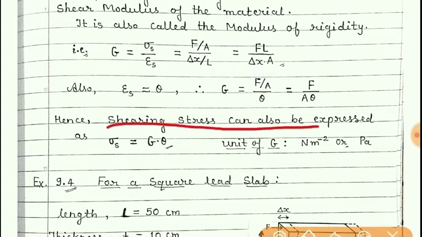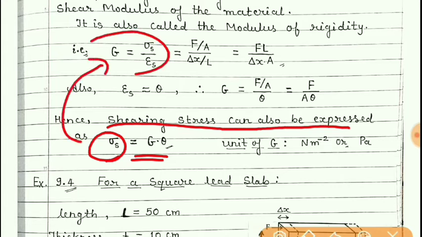Shearing stress can also be expressed as sigma s is equal to G into theta. Students, directly see here in this equation. If I put theta in place of epsilon s, and make shearing stress the subject, then you will get G into theta.